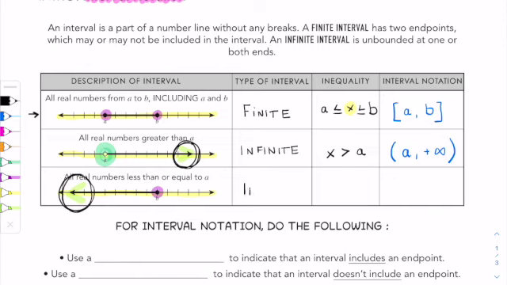Because this goes on and never has an end point, we would call this an infinite interval. Writing this as an inequality, we would write this as x is less than or equal to B. And using interval notation, we would use a parenthesis for negative infinity, comma, B with a square bracket.